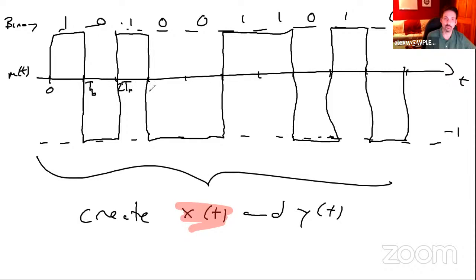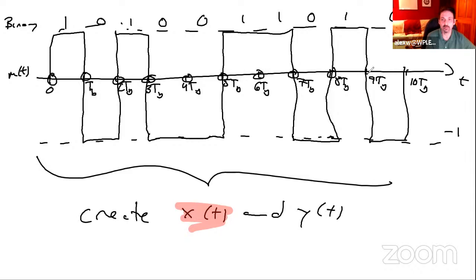So every second symbol, I'm going to sample.